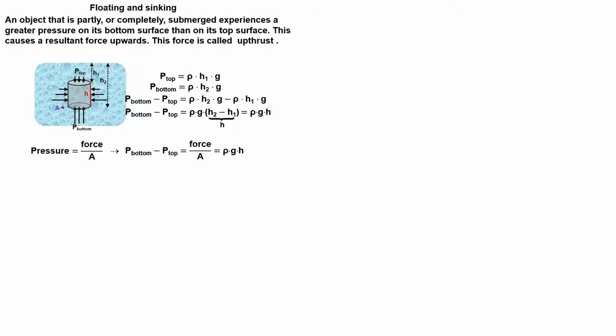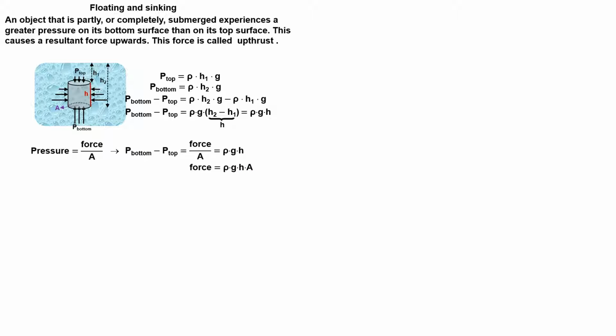Since area times height is equal to the volume of a cylinder, we can replace the term area times height with a volume. This formula gives the upthrust on a body submerged in a fluid or liquid.